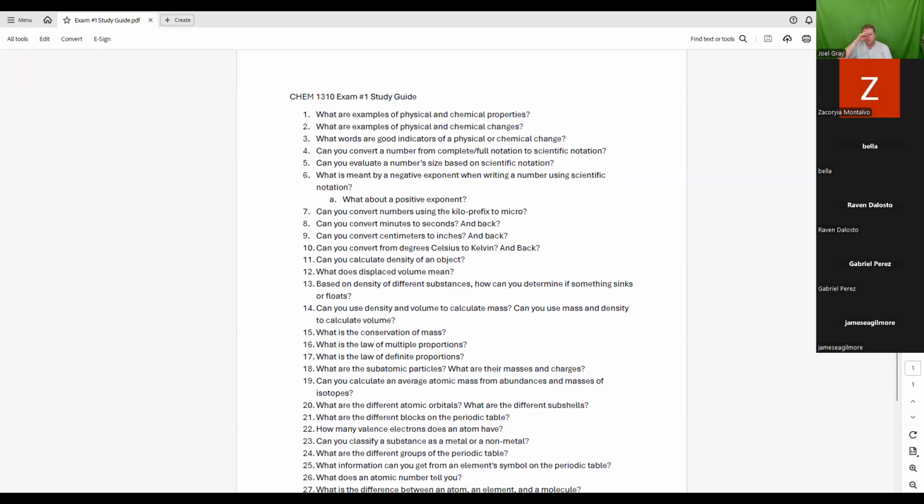For instance, if something burns, that's a good indicator of a chemical change, because what's happened to that something is it's broken down, it's burned, it's changed into something like carbon dioxide and water. So these first three items are going to be low-hanging fruit questions.